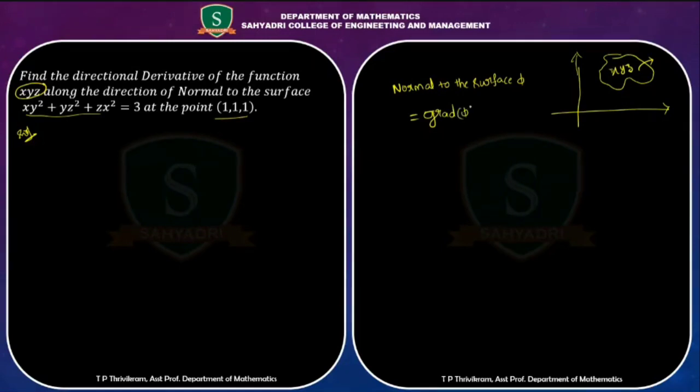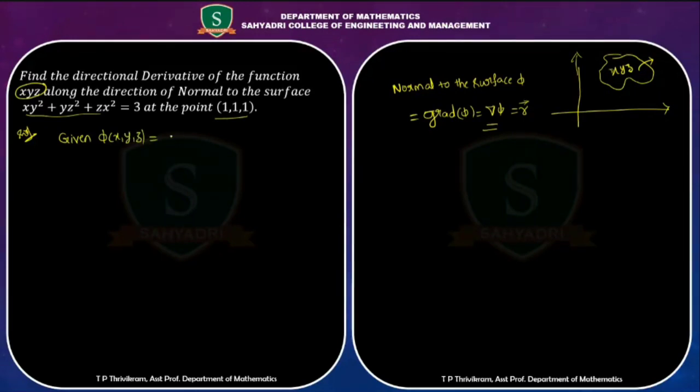Grad phi or del phi will give the normal to the surface, right? Because we have proved one theorem itself. So whenever you take a scalar function phi of x, y, z, then del phi will give the vector normal to the surface, correct? So here grad phi will give your r vector. Okay. So let us get clarity on the given details. Let me take this xyz as some function of xyz.